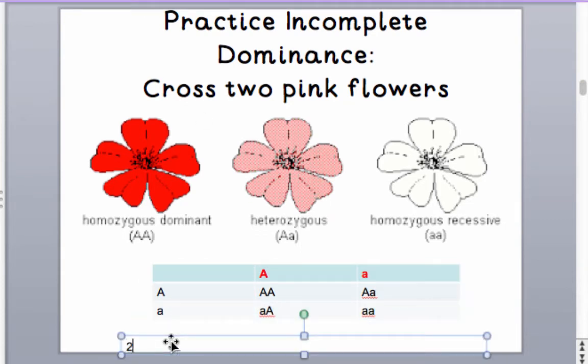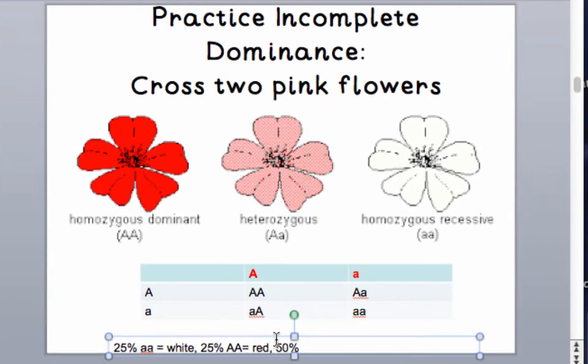So here we will have 25% is going to be aa, which will equal white. 25% is going to be uppercase AA, which will equal red. And 25 plus 25, 50% will be Aa.